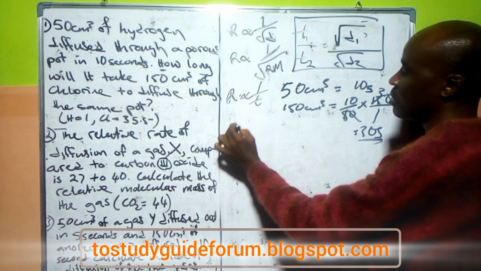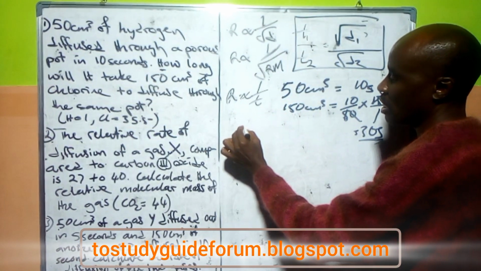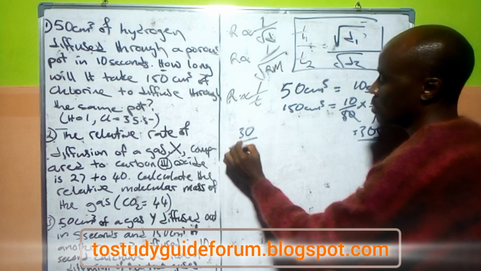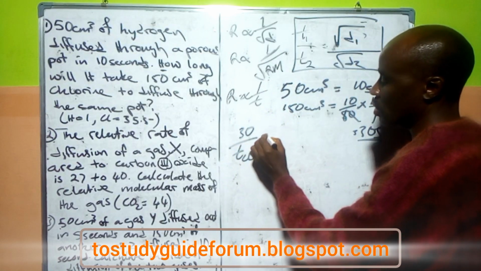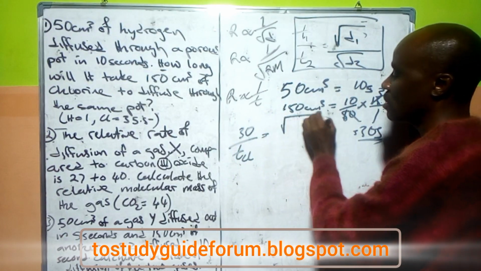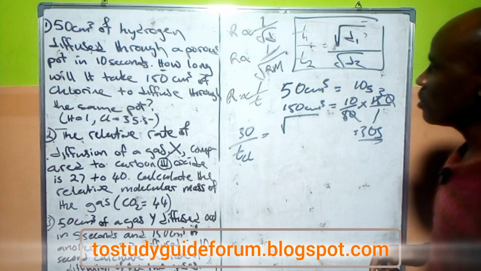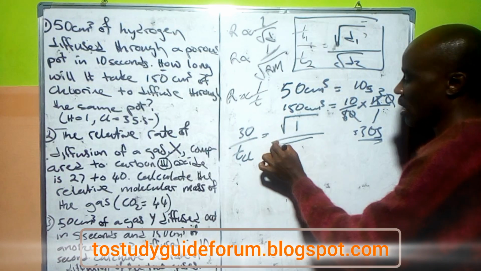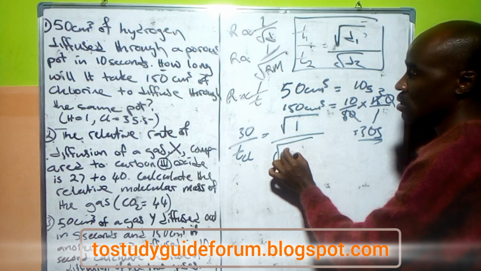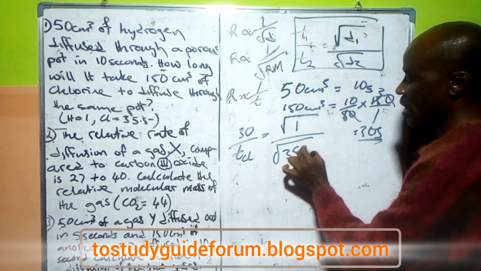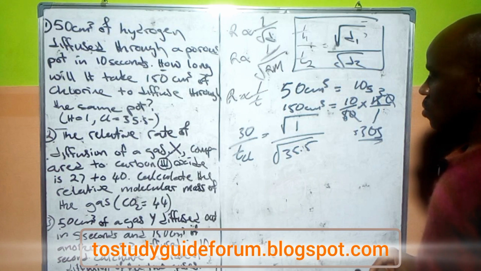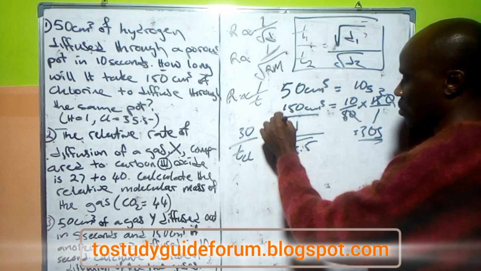Then for hydrogen, we can call hydrogen gas 1. We have 30 seconds over what? The chlorine, which we don't know, we're looking for. Then the vapor density of hydrogen is 1, while the vapor density of chlorine is 35.5. So what we do next is remove the square roots.